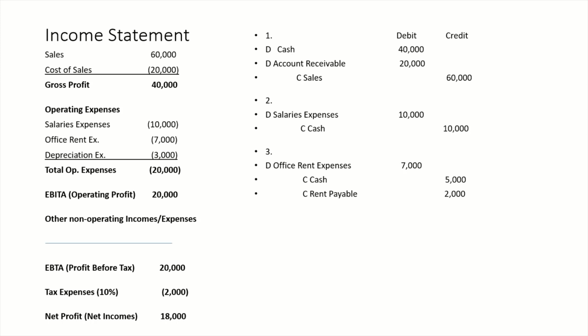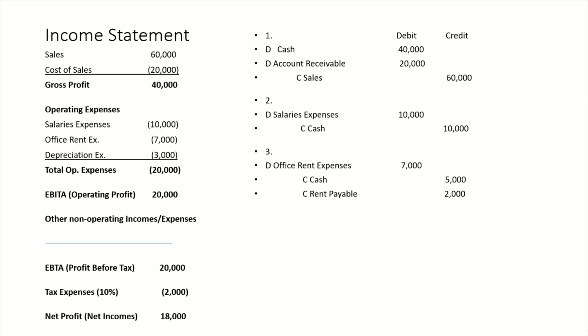Indeed, as we see, we didn't pay all the expense for rent. We paid 5,000 euros, but the expense was 7,000 euros. The difference for 2,000 euros was recorded to rent payable. So this is a liability.